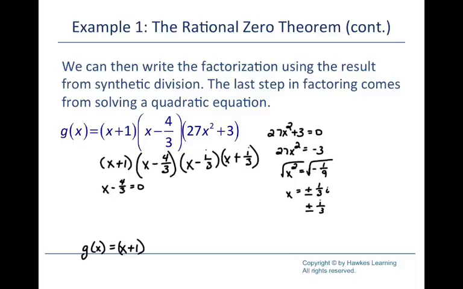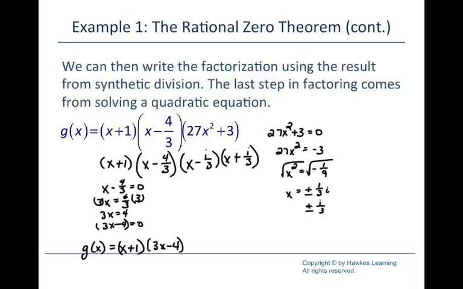When I bring that over, I could say x equals 4/3. And then if I multiply both sides by 3, you end up with 3x equals 4. And if I move that back over as a factor, 3x minus 4 equals 0. And so I can change that x minus 4/3 to 3x minus 4. And that would still solve out to be positive 4/3 when I solved it as a factor.